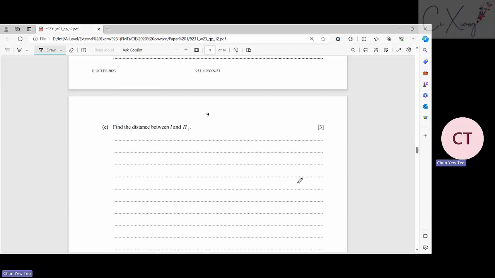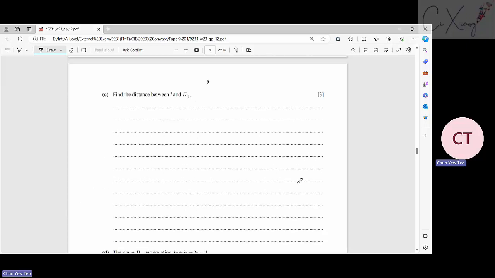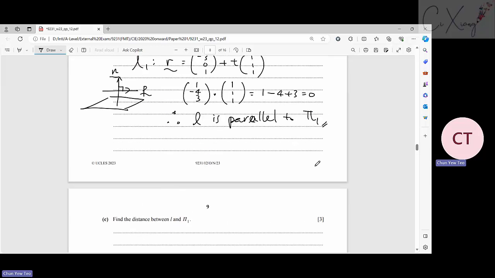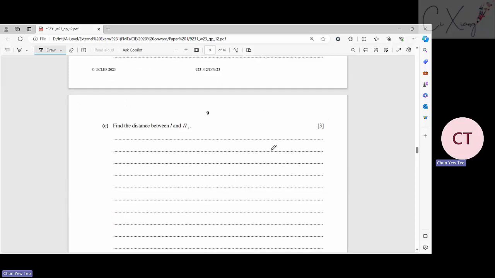Move on to C. They want to find the distance between L and pi 1. Like in the diagram that I drew already, this will be the distance. Since they are parallel, there will be a shortest distance between the line and pi 1.